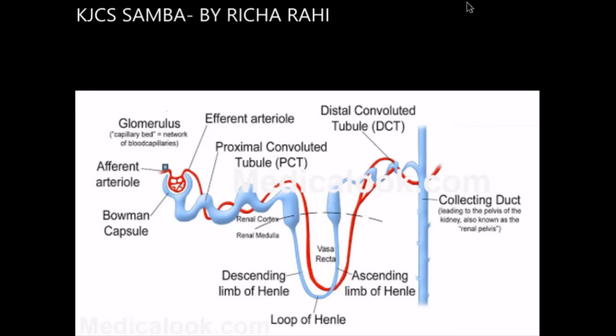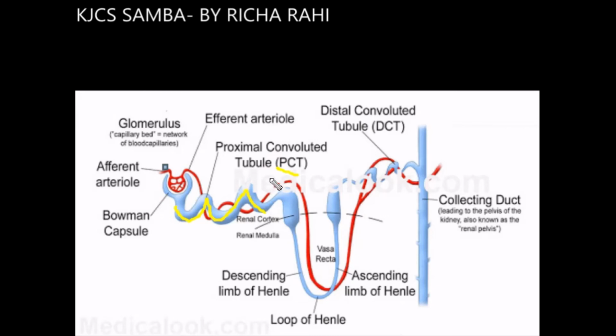After this, it will open again into the coiled tubular structure, the proximal convoluted tubule. So what will happen inside the proximal convoluted tubule? Here, as you know, the glucose and vitamins are very important for the body.